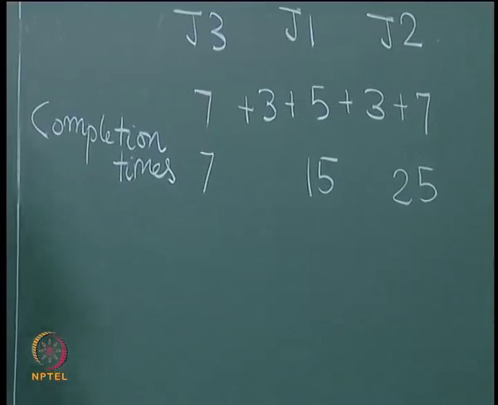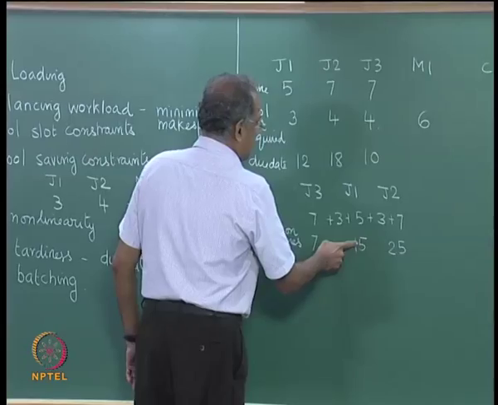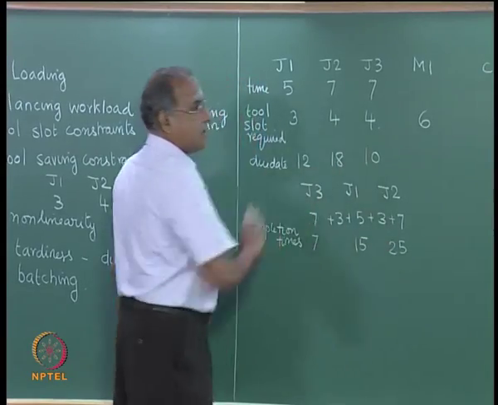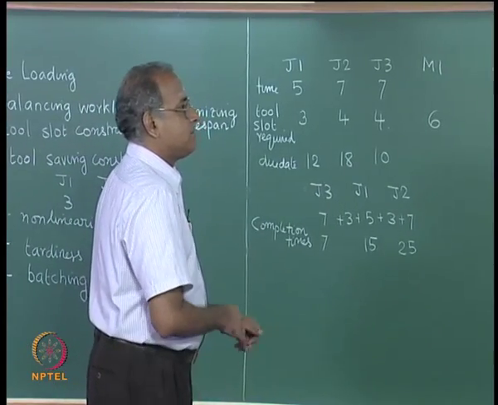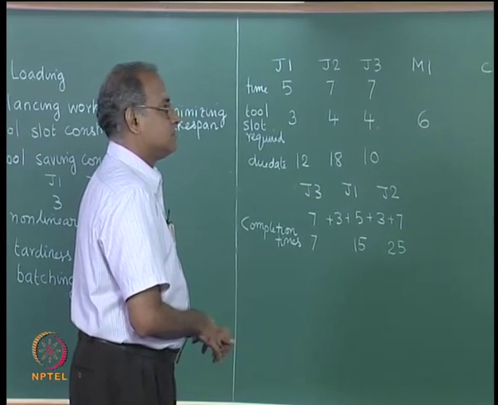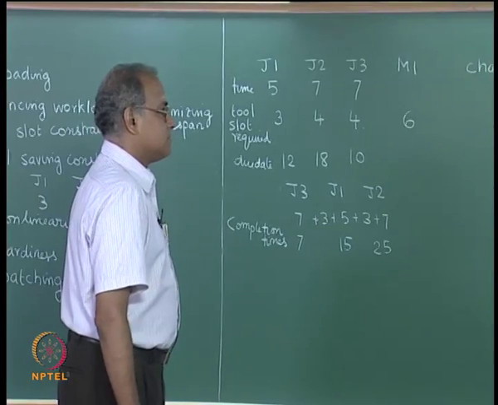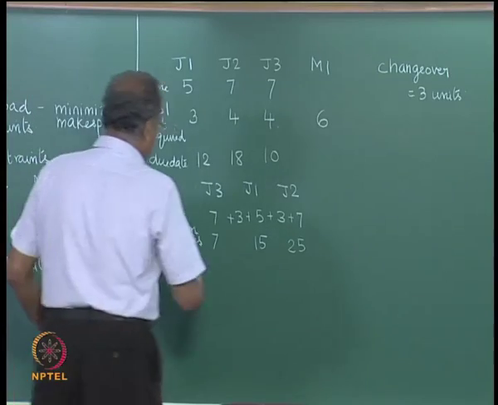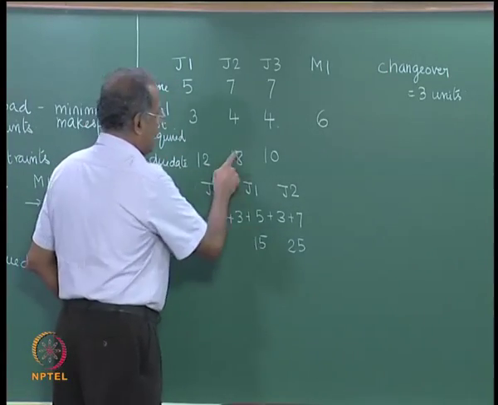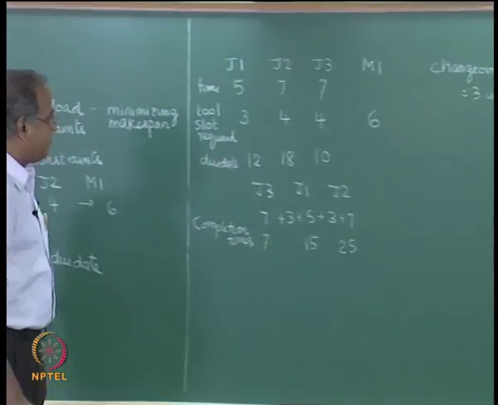Now, the due dates are 12, 18 and 25. Seven, 12, 18 and 25.